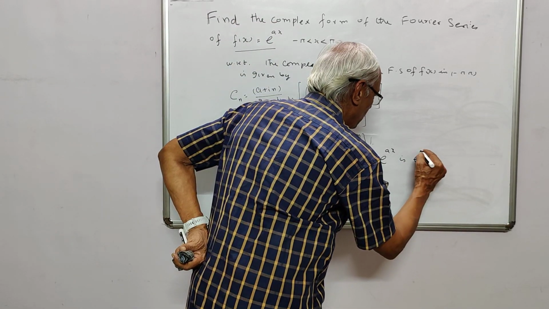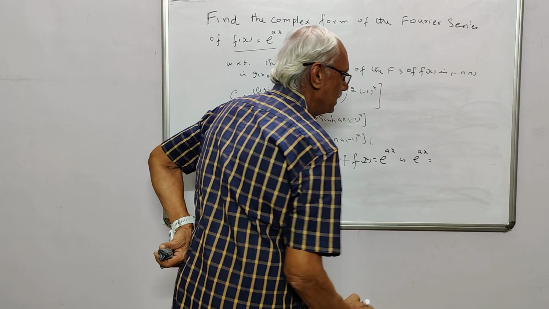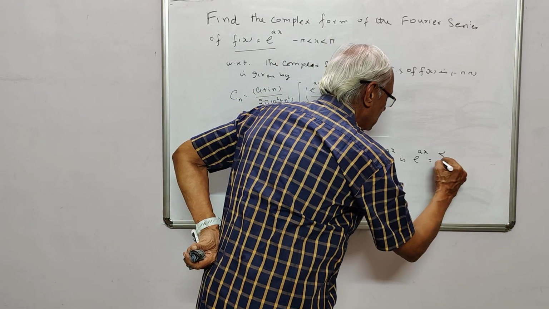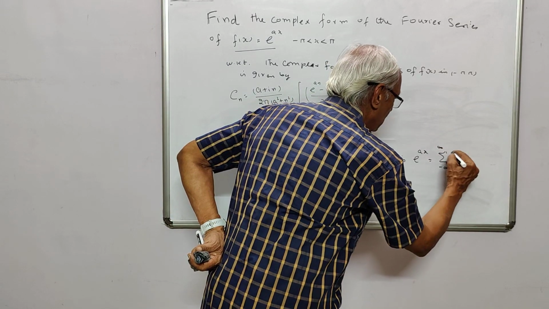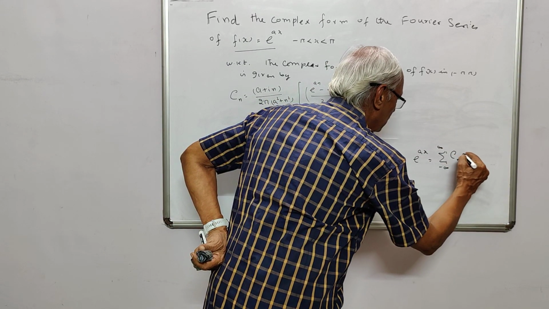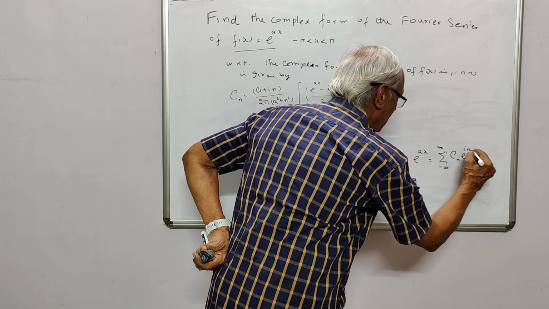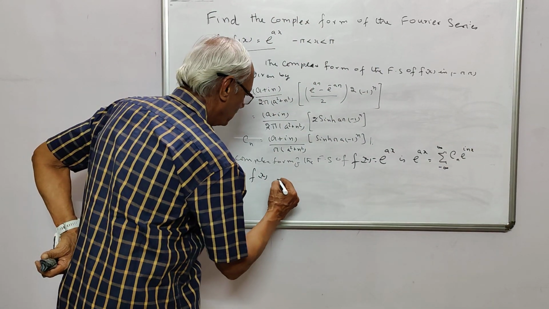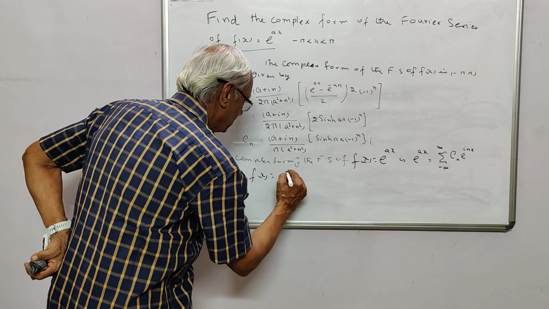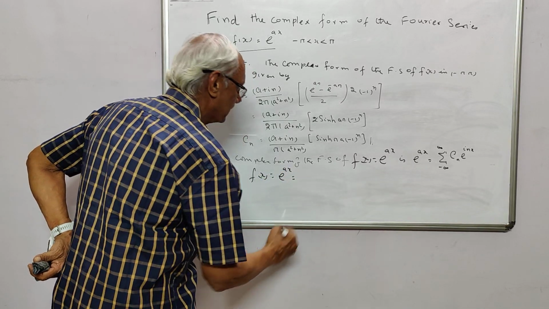It is e to the power of ax equals the sum from minus infinity to plus infinity of cn into e to the power of inx.